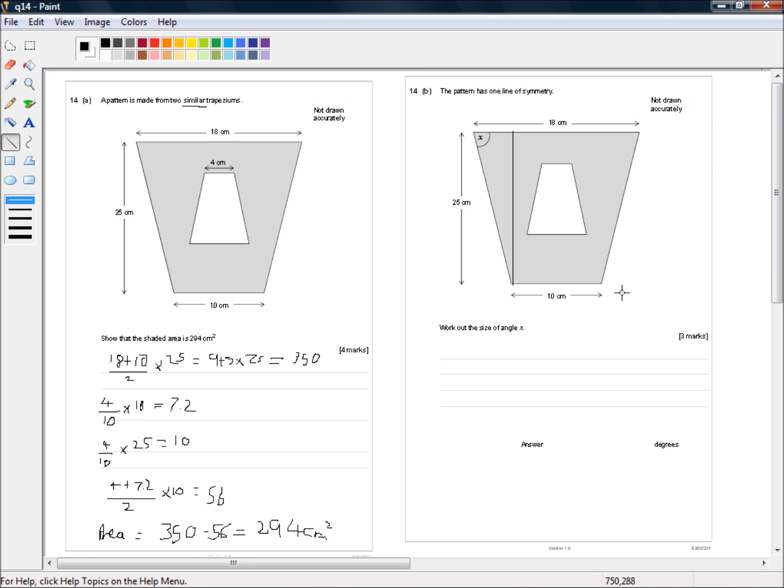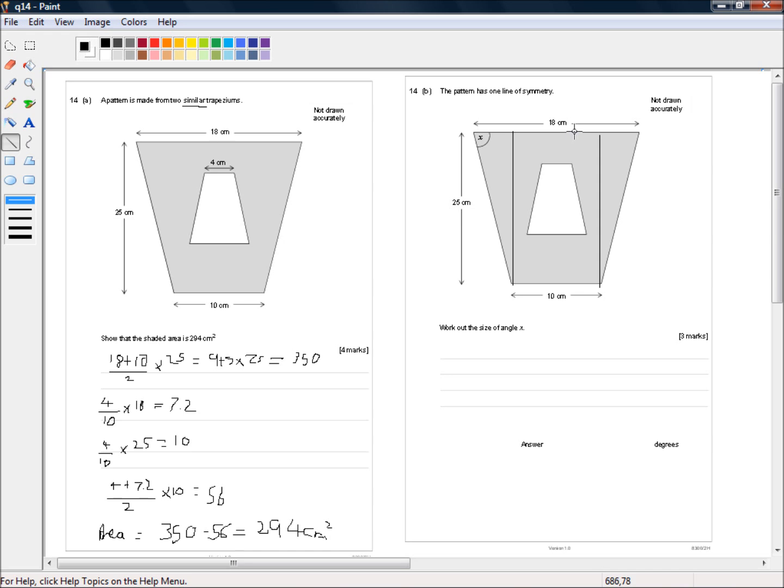However, if we make another triangle here, we have two triangles and a rectangle. We know this length here is 10 centimetres because it says so here.